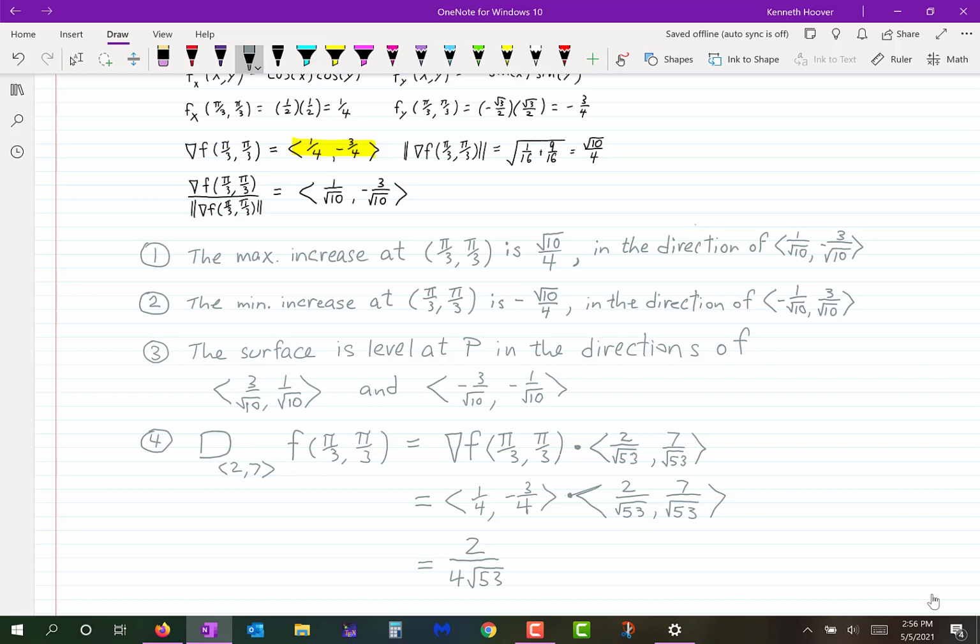Okay, plus negative 3/4 times 7 over root 53. So that's going to be minus 21 over 4 root 53. Do you see why I didn't want to reduce the first fraction? I wanted to have the same denominator. So here's our answer. Negative 19 over 4 root 53.